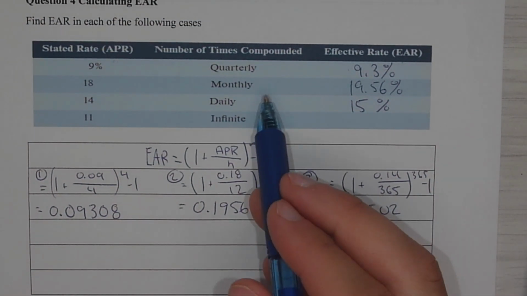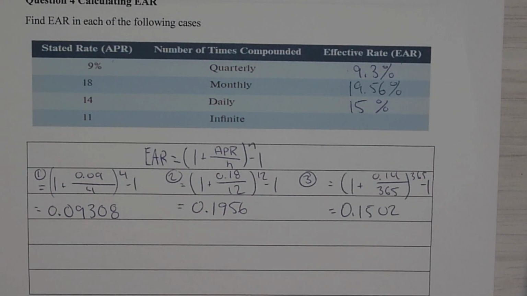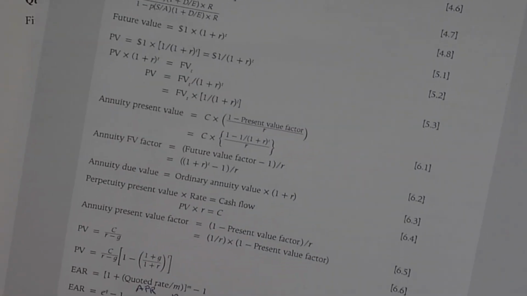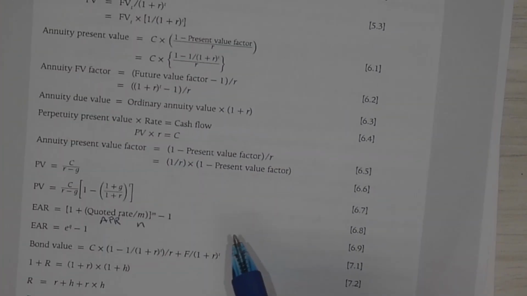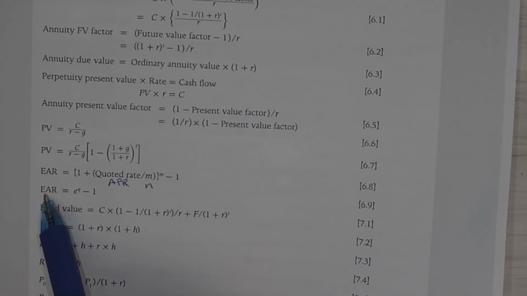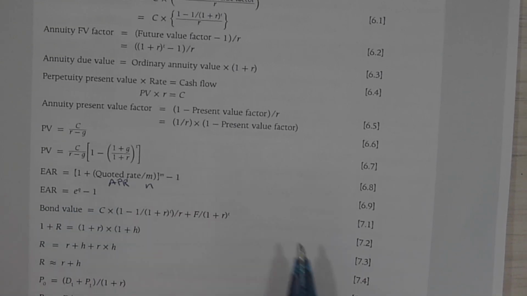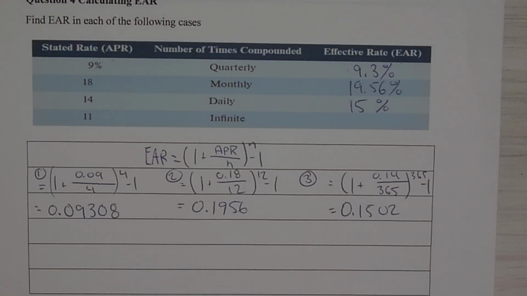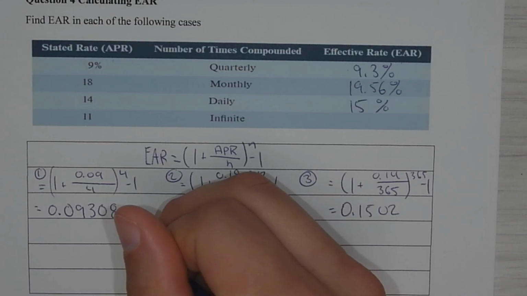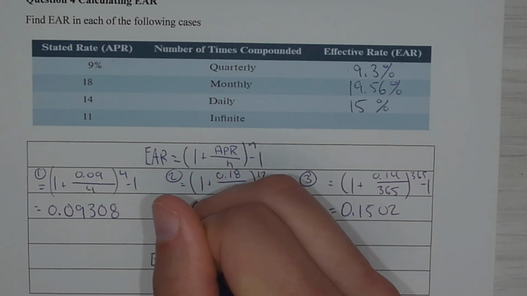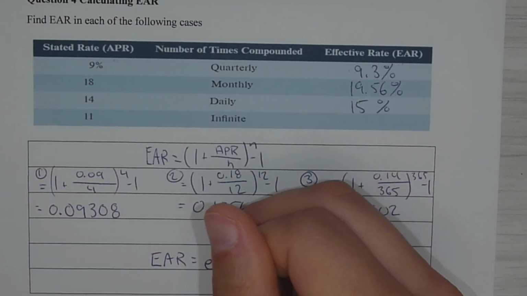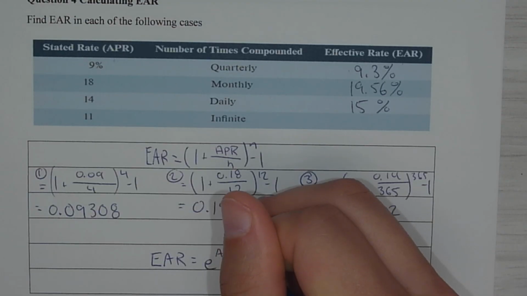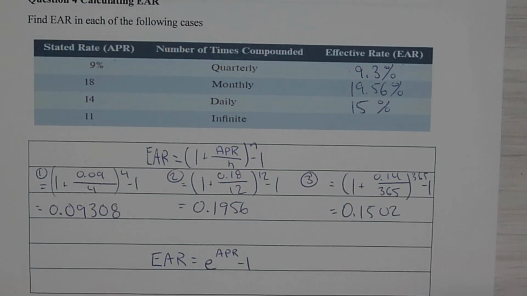Now when we have infinite, we need to use a different formula. So we're going to use this one right here, EAR equals e^q minus 1, where q is going to be the APR. So EAR equals e to the power of APR minus 1.